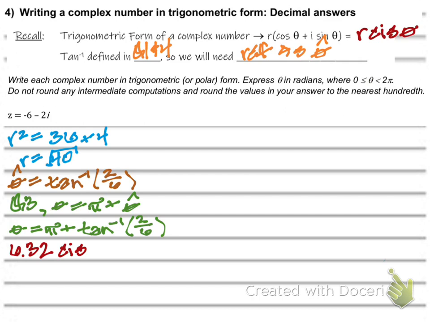Pi plus the inverse tangent of 2 over 6. 3.46. And again, in Alex, you would have to write that as 6.32 parentheses, cosine 3.46 plus i sine 3.46. But the abbreviation sure is nice to be able to write.